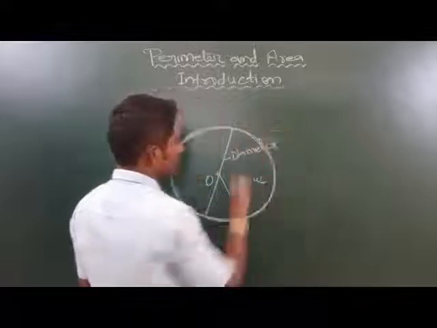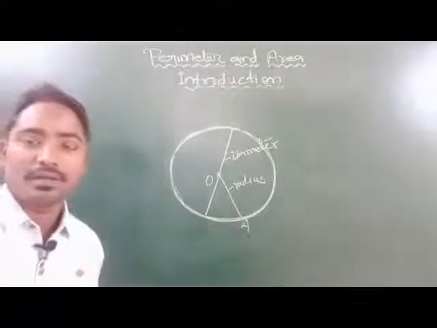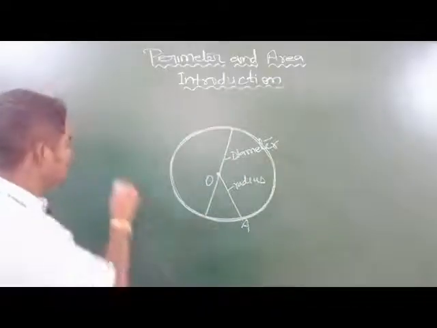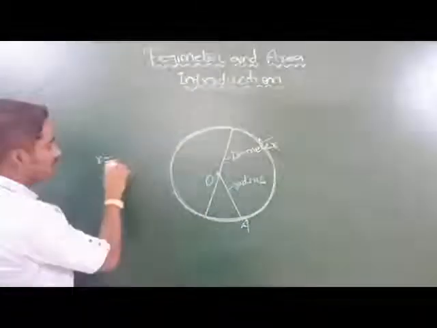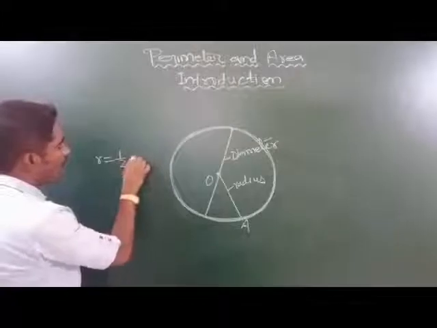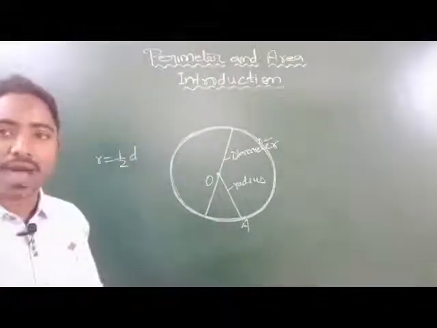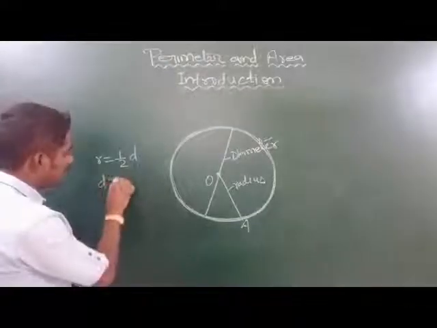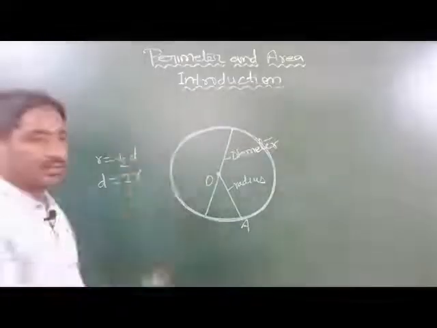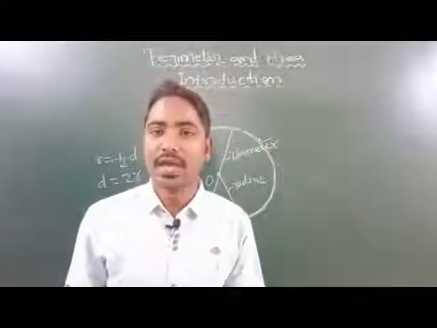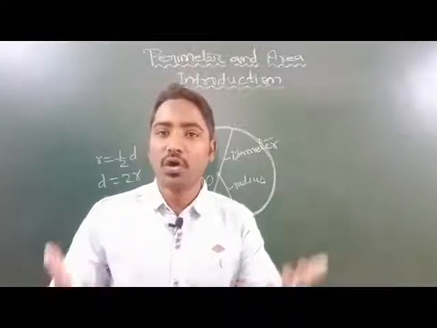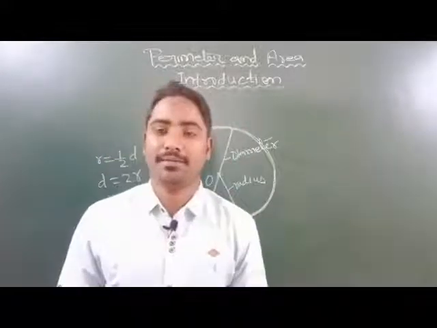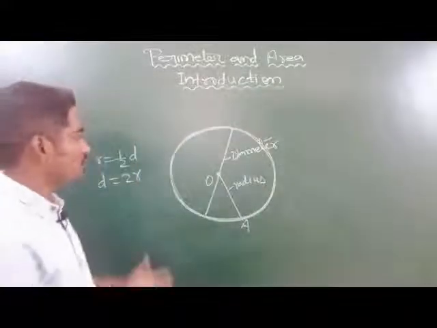Now we will learn the relation between diameter and radius. The radius is equal to half of the diameter, or you can say that the diameter is equal to twice the radius. The diameter is double the radius, and the radius is half the diameter. Okay.